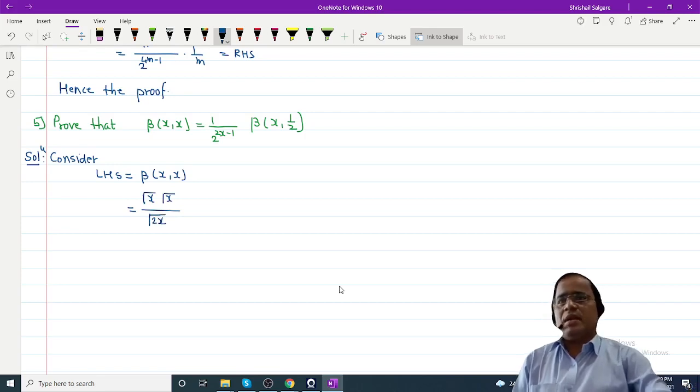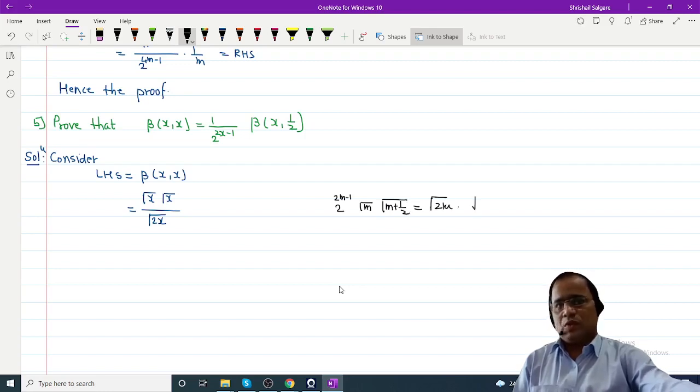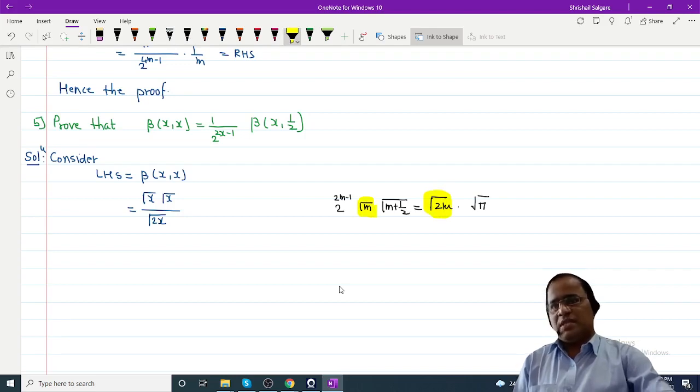Once again you can apply the duplication formula. It is 2 raised to 2m minus 1, gamma of m into gamma of m plus 1/2, is equal to gamma 2m into root pi. Now in this case I will highlight the term, gamma m upon gamma 2m. So this term I will replace.